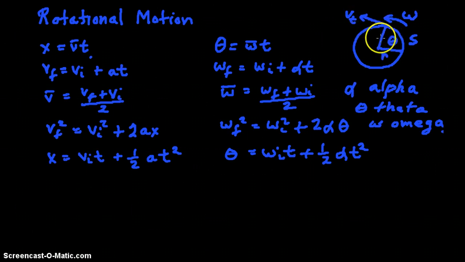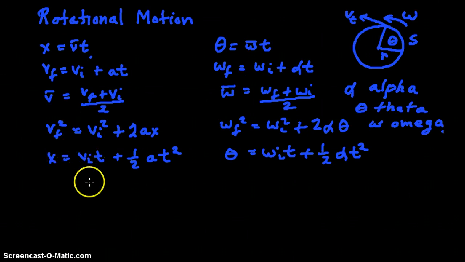That depends on the radius. A bigger tire rotating at the same speed as a smaller tire would throw a rock out at a greater tangential velocity because it's got a greater radius, and I'll show you that in a minute.